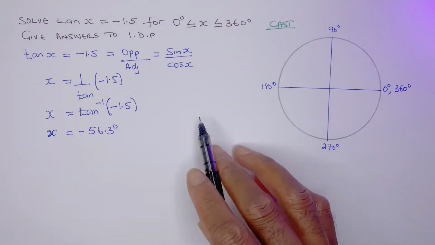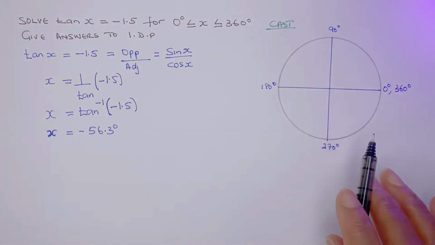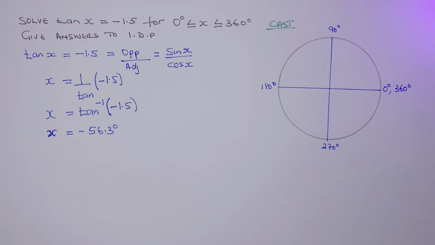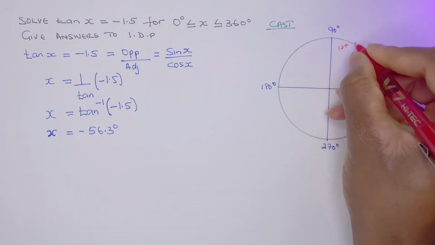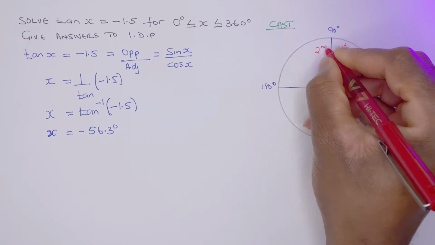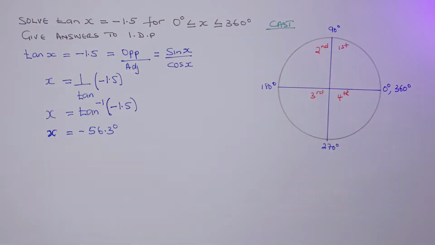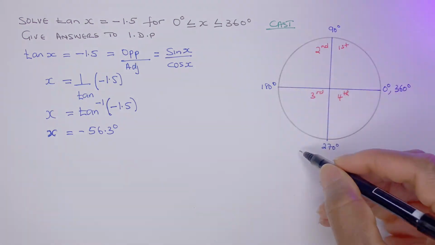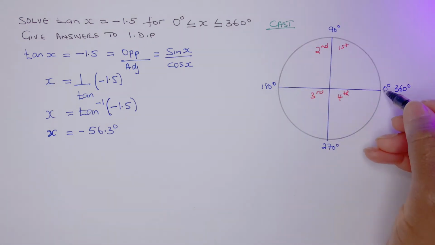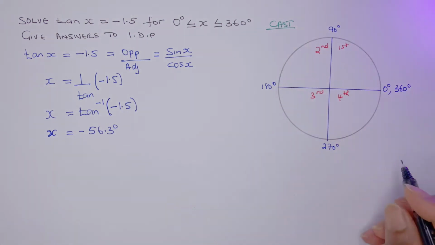So one way of solving this is to use cast diagram. In cast diagram, this is the first quadrant, that's the second quadrant, third and fourth quadrant. And we measure the angle from 0 degrees all the way back to 360 degrees in anti-clockwise direction.